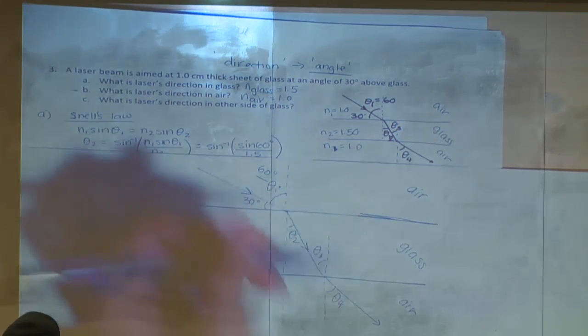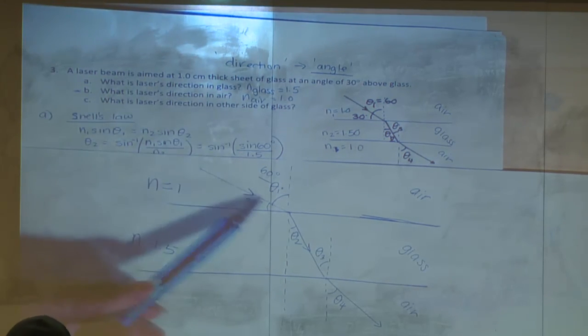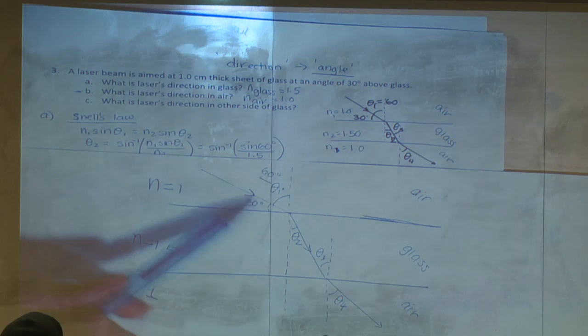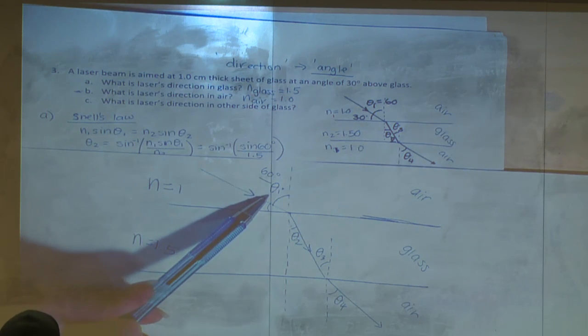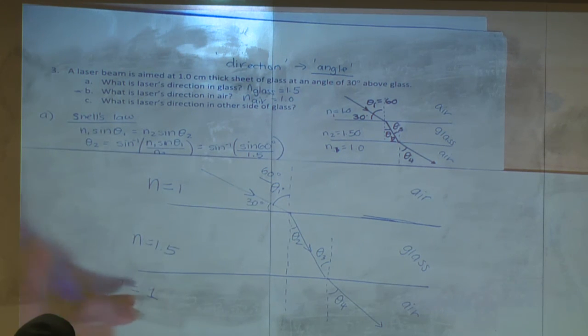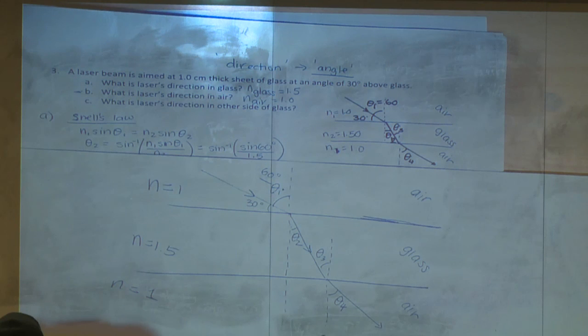If they were to give you that it strikes the glass and the angle of incidence is 30, or that it hits the glass surface at 30, then you wouldn't use 60. If it strikes closer to the normal at 30, use 30? Yeah.